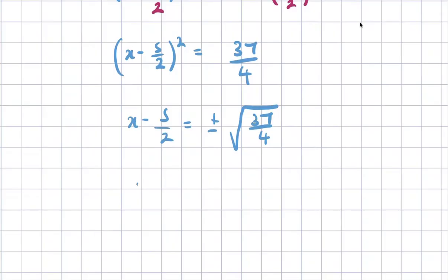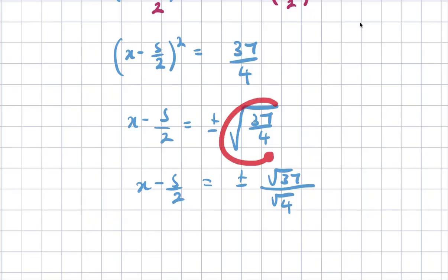So x minus 5 on 2 is equal to plus or minus the square root of 37 over the square root of 4. You can plug this into the newer style of calculators, the 82,000s, rather than the older style, and it will do this for you, but it's still worthwhile for you to go and see.